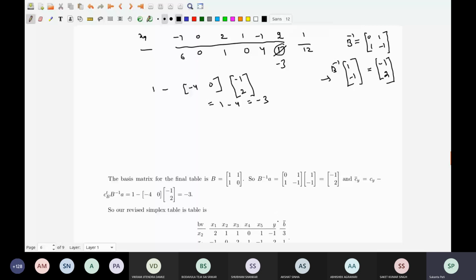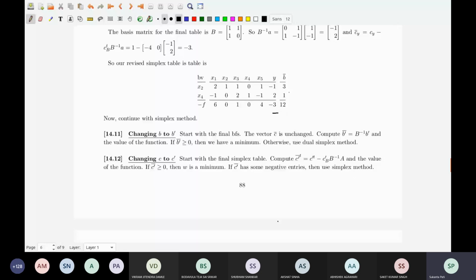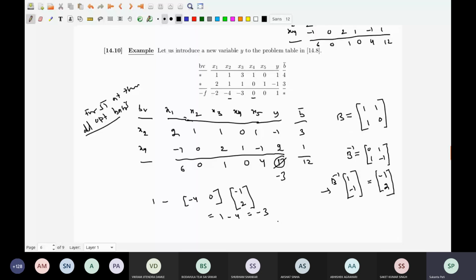Now the company gives you B dash instead of B, the constant vector. What has the old optimal table actually done? It has computed B inverse B. In that case, if the company has given you B dash, then you will have to compute B inverse B dash.